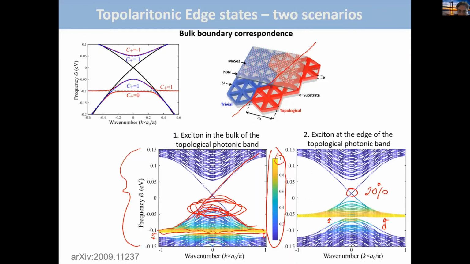But if we instead, like in this case, have a photonic band, let me draw this photonic band, and the excitonic band touches it right at the tip, so we have strong coupling, like in this way. In this case, the exciton bends upward, the photonic band bends downward, if we can say that. Then we form these upper polaritons, which are the bulk bands themselves, and they are highly excitonic at the tip. And this is why, of course, it ensures the high excitonic component of the boundary modes.